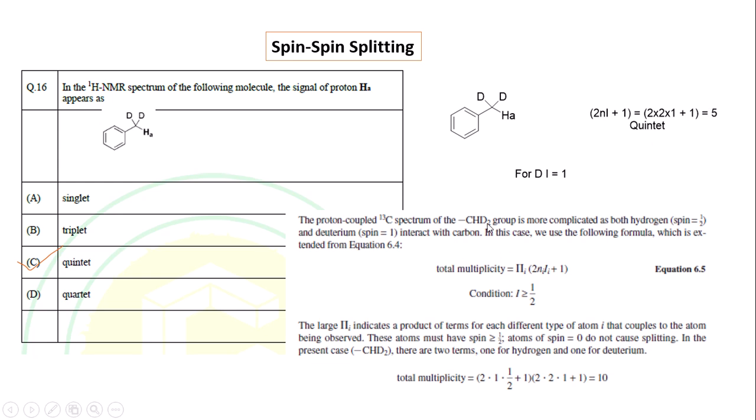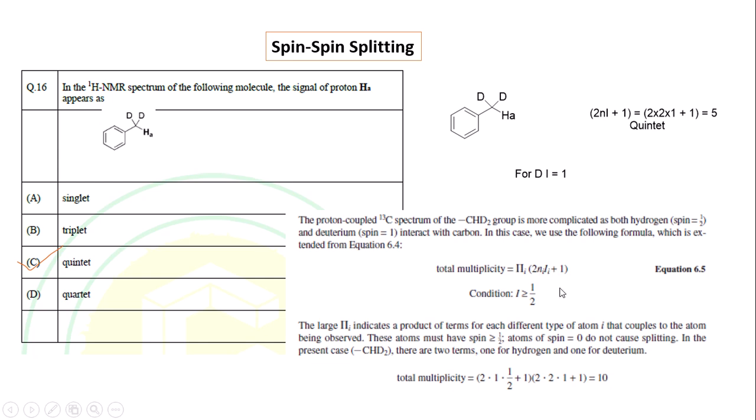A similar type of problem, with a screenshot taken from the Pavia book, has a CHD2 functional group carrying deuterium as well as a hydrogen atom. In such cases, in 13C NMR, the hydrogen and deuterium also split by the formula 2nI plus 1.